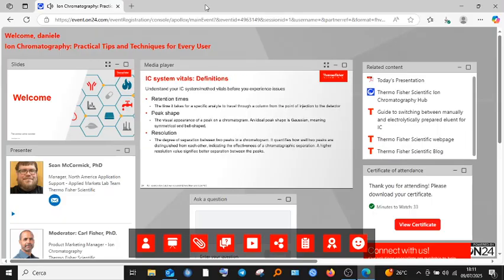While instrument performance is important, it often goes unnoticed. Most users will pick up on column issues more than instrument issues due to their visual nature. But column performance vitals people should look at are retention time, which is the time it takes for a specific analyte to travel through a column from point of injection to the detector, the peak shape, the visual appearance of a peak on a chromatogram.